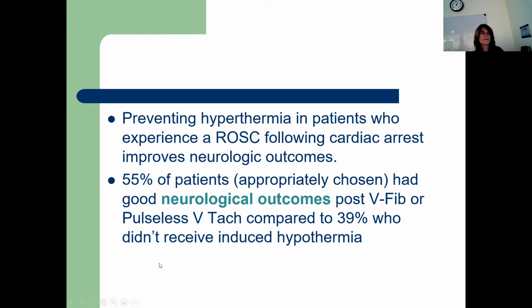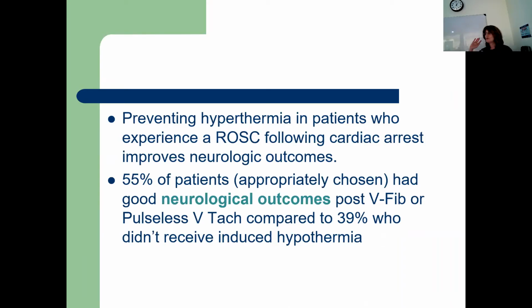So here it says 55% of patients appropriately chosen. I don't know how they just decided on the best few, but they had good neurologic outcomes post VFib or pulseless VTAC compared to 39% who didn't receive induced hypothermia. So 55% versus 39%.